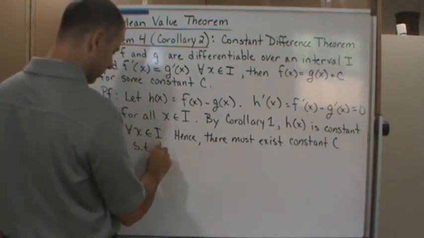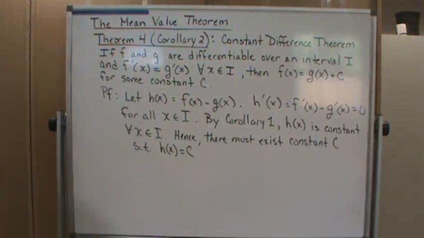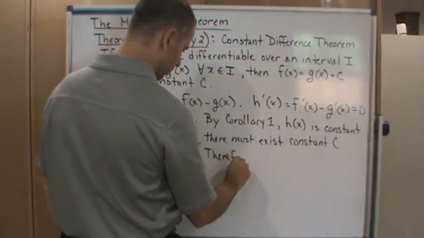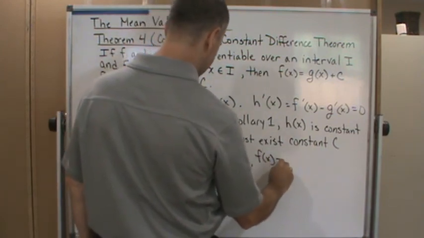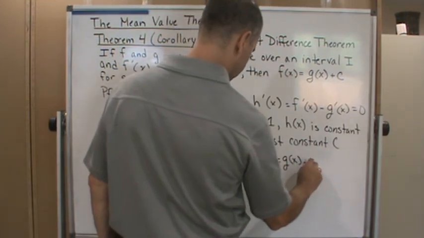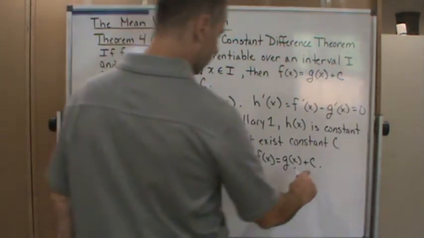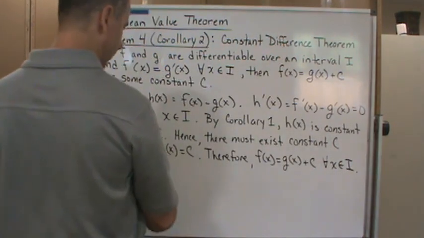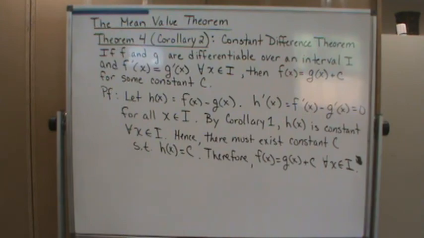Such that h of x equals c. And therefore, f of x equals g of x plus c for all x in I. And that's the proof. Have a great day.